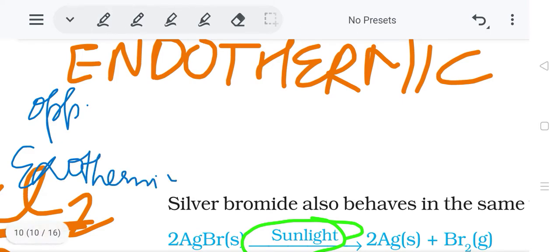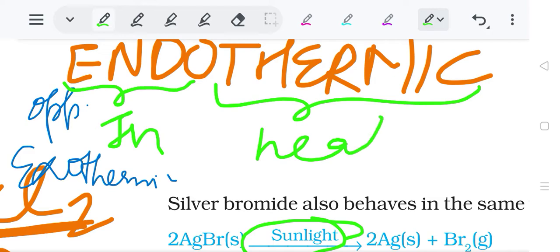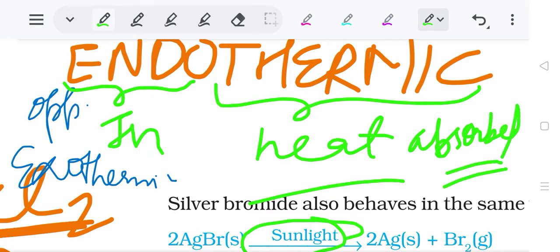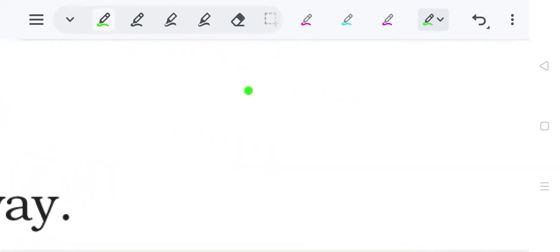See, you have endo. Endo means in, thermic means heat. When heat is absorbed, it is known as an endothermic reaction. Don't you think that decomposition reactions are endothermic because they are all taking in energy to decompose? It means that all decomposition reactions are endothermic reactions.